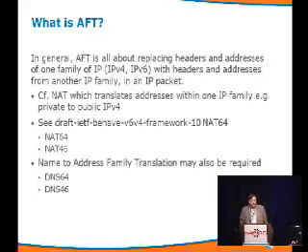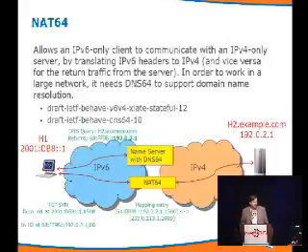There is some work in process on getting this standardized at the IETF, particularly in the Behave working group. There are working group drafts on NAT 6.4 and some work on NAT 4.6. And as you think about this as a mass market service, you realize you need more than just the NAT piece. You need the DNS piece to do the lookup as well, and that's also in process.